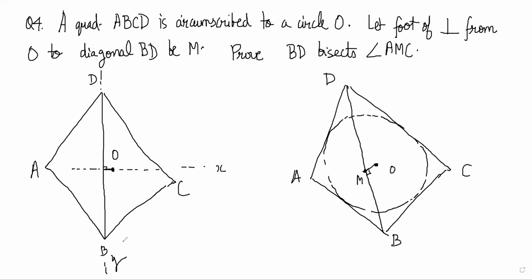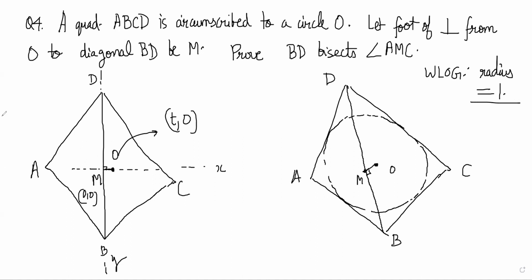right? Now we have selected our M, which is the foot of the perpendicular, that is our origin, 0, comma 0, right? So what we can say is coordinates of O will be some t comma 0, right? Where t is the perpendicular distance from the origin to the diagonal. So without loss of generality, we will assume that radius of this circle is equal to 1.